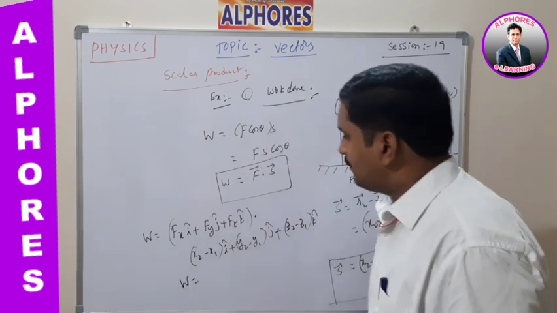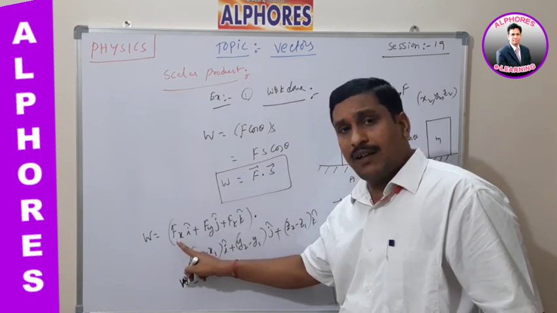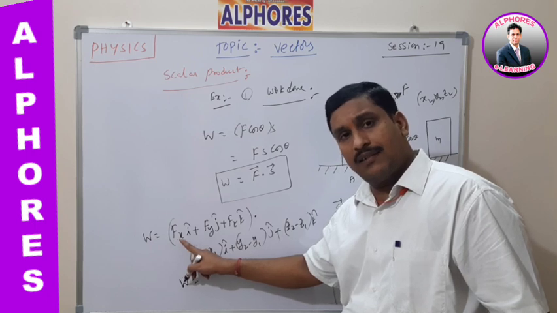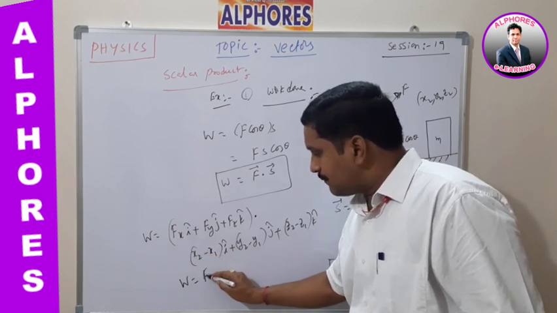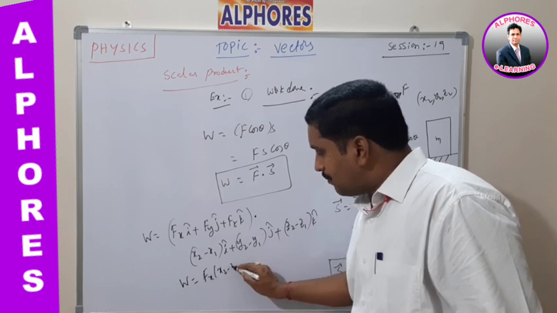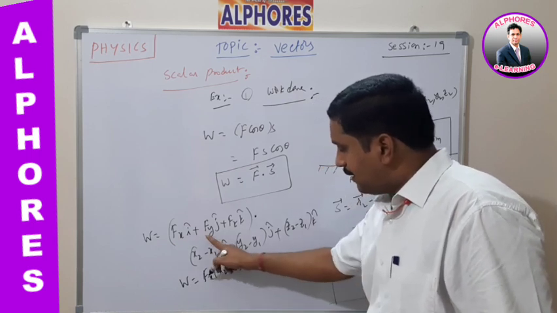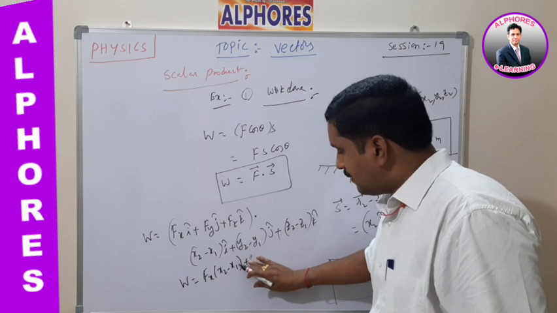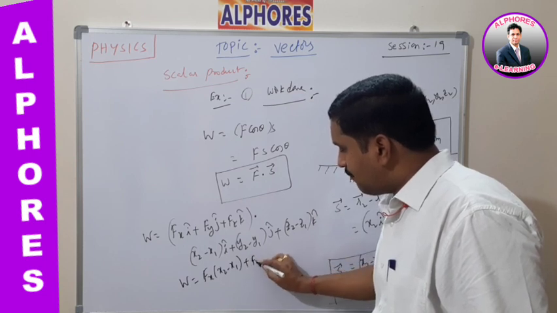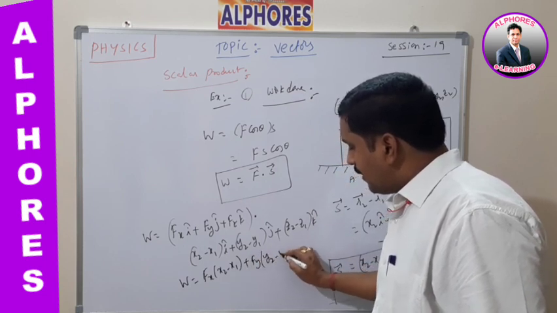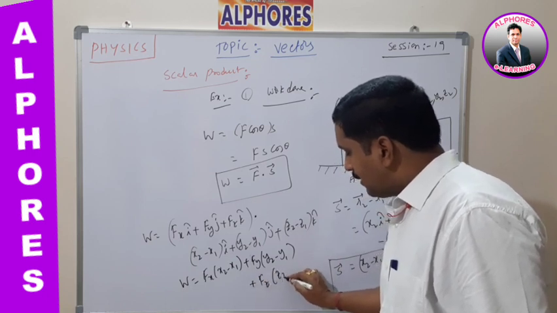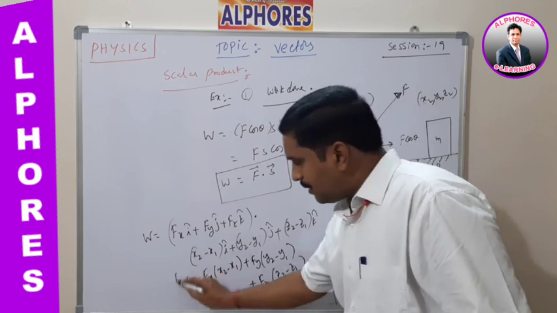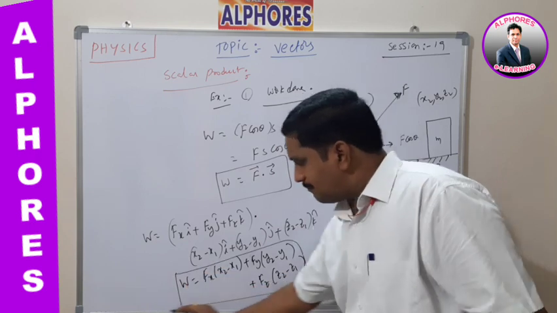W is equal to, the dot product of like vectors is always 1, so Fx into x2 minus x1, plus Fy into y2 minus y1, plus Fz into z2 minus z1. This is the actual method to find the work done in this case.